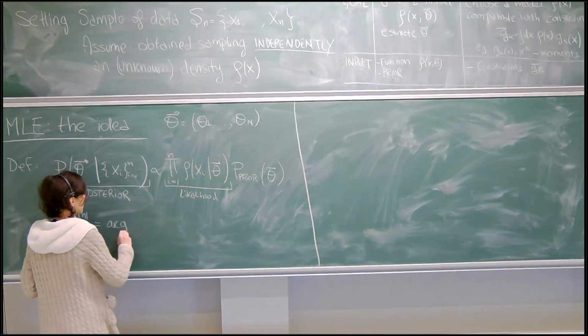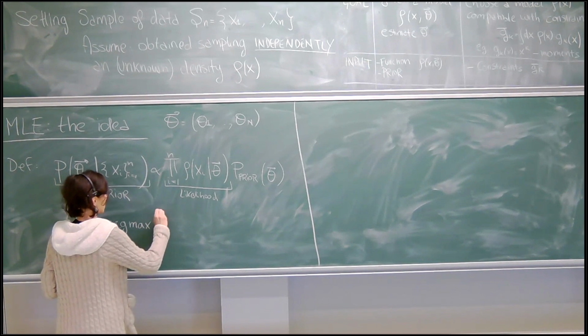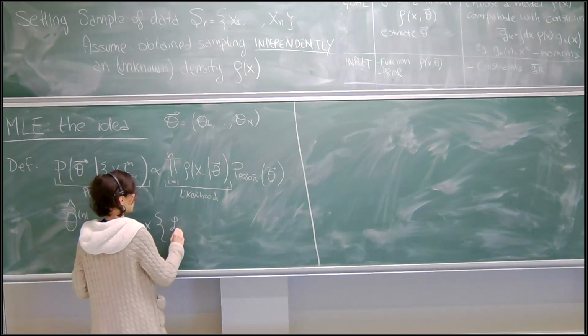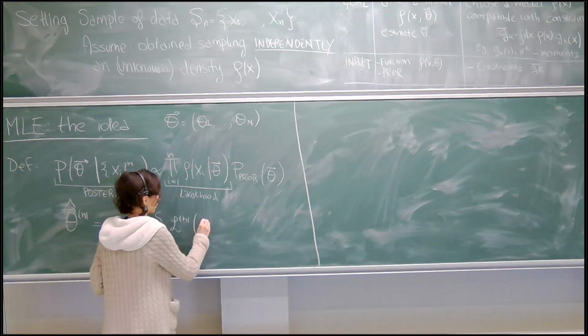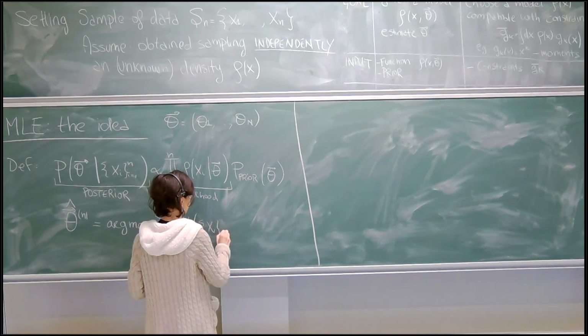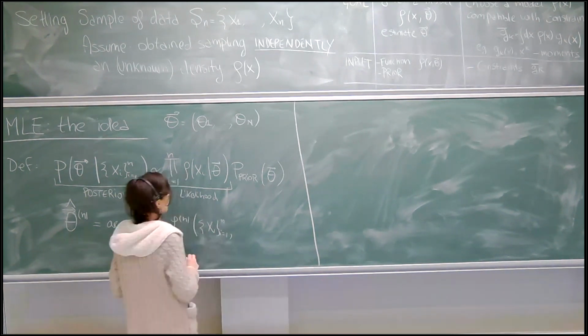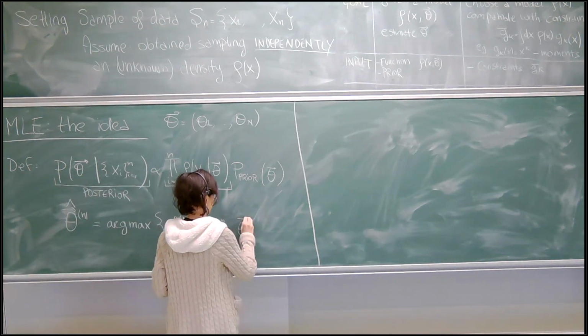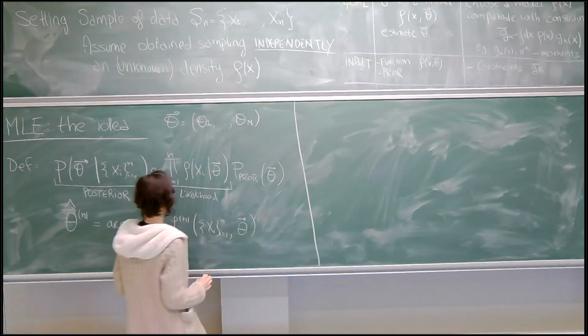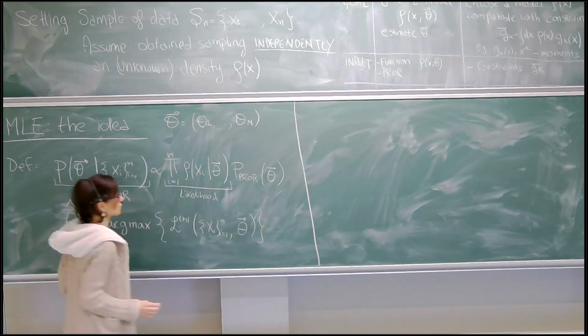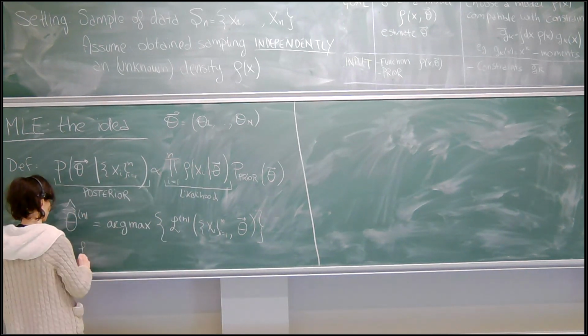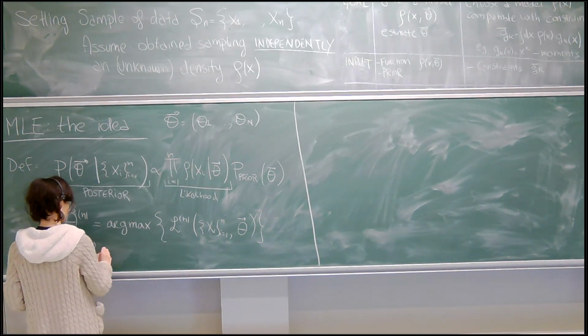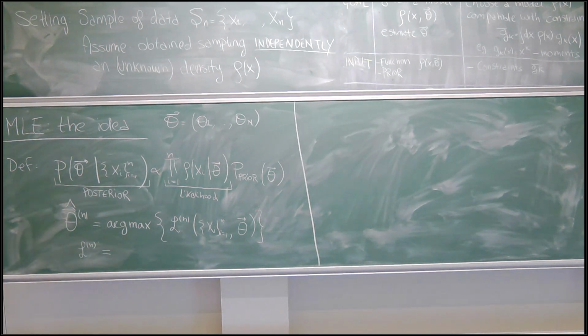This is the maximum of a function that depends on the data that you have, and which in general depends on theta. And what is this function? Well, this is the log likelihood that, as I said, is the log of the right-hand side.